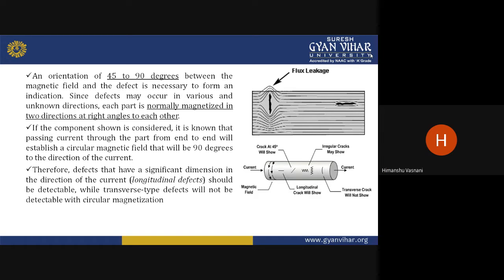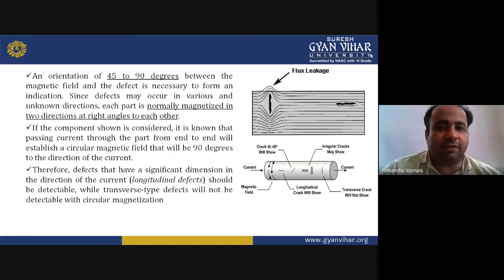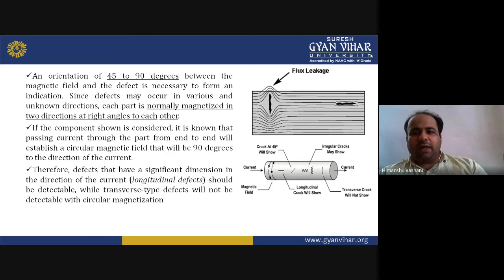Now, since defects may occur in various and unknown directions, each part is normally magnetized in two directions at right angles to each other. So we are magnetizing the part in two directions at right angles to them.